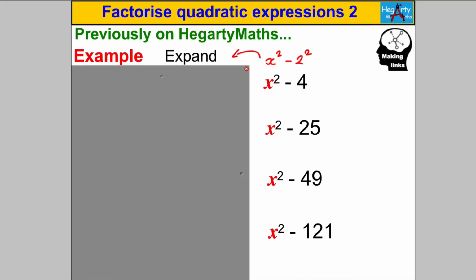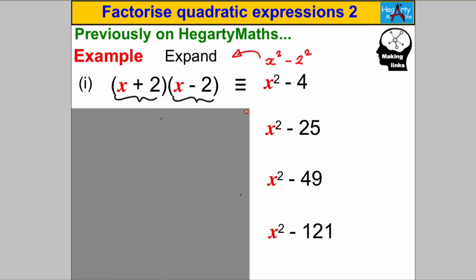And going backwards, factorising, I would expect you to think to yourself, right, either spot that's a difference of two squares, so it must be x add 2, x subtract 2. It's got to be, because you know a conjugate multiplied by a bracket is always going to give you the first term squared subtract the second term squared.